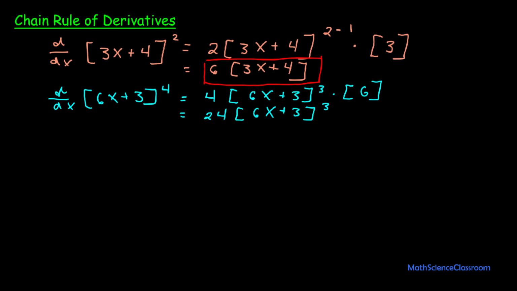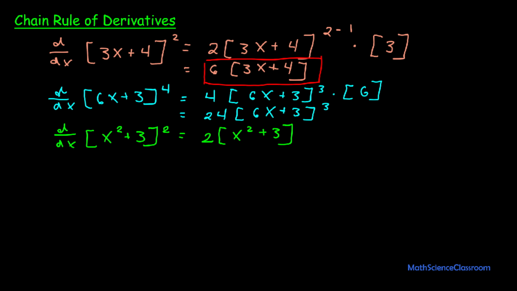Let's try another. d/dx of (x squared plus 3) squared equals 2 times (x squared plus 3).